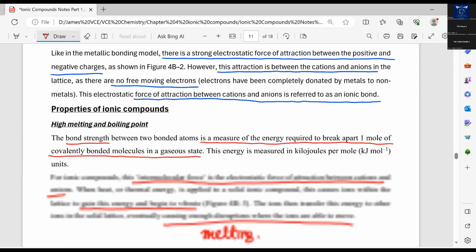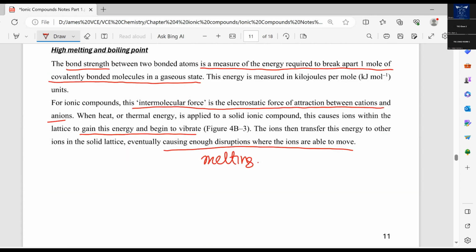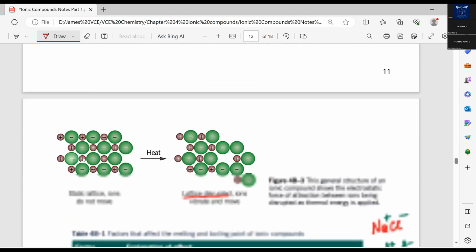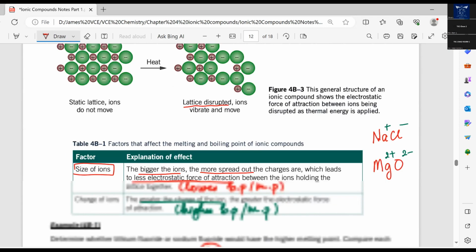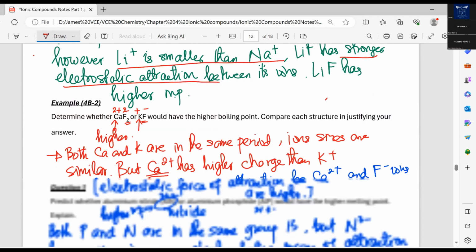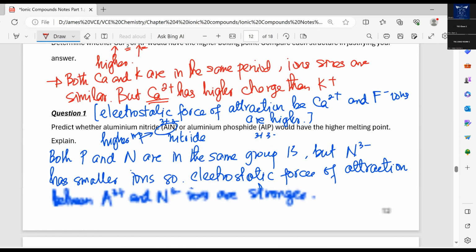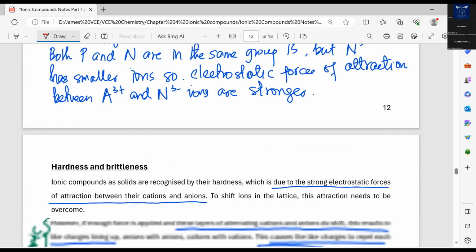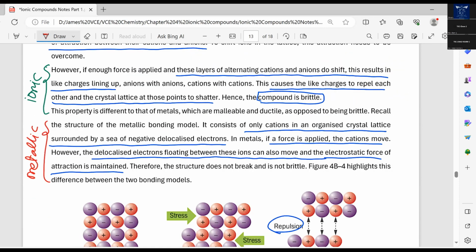Generally, based on the structure of metal, when the cations move, the electrons also move together, so metals do not exhibit brittleness. If they ask you why brittleness is not exhibited in metals while ionic compounds show brittleness, you should be able to explain based on this.